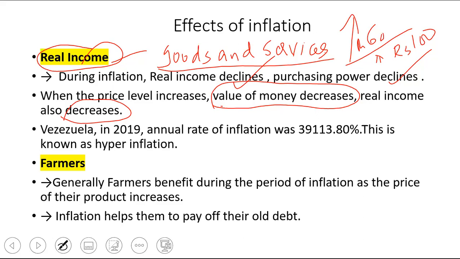There is a beautiful example: Venezuela. Venezuela is a very small country. Looking at Venezuela's inflation for 2019, you will faint. See this: 39,113.80%. Now look, 40,000% is the inflation in Venezuela. The whole world was talking about Venezuela's inflation, and this is known as hyperinflation.